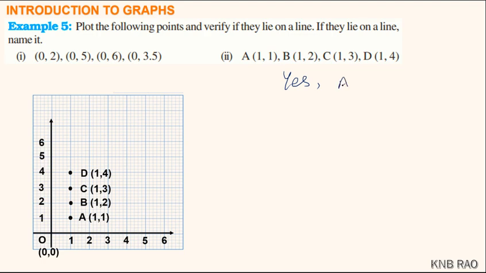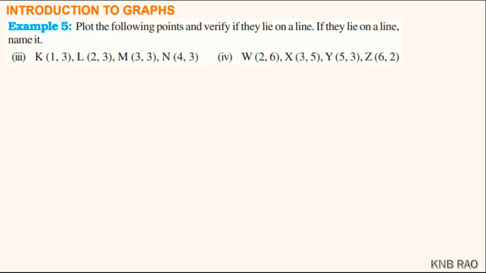Now you can name it: if you draw a line passing through them, we can say line AD, or line AB, or line AC, and there are so many possible ways of naming it, you know that.